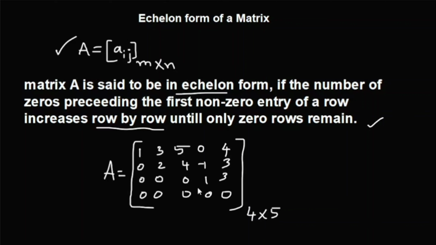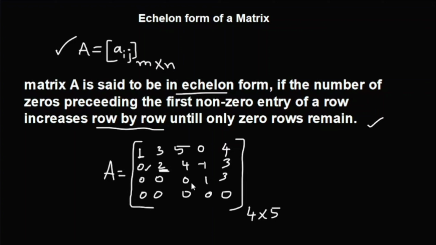You have 4 rows in this. What is the first non-zero entry in the first row? First row is 1. So there are no zeros preceding this to the left side of 1. Next, coming to the second row, the first non-zero entry is 2, and to the left of 2 we have one 0.